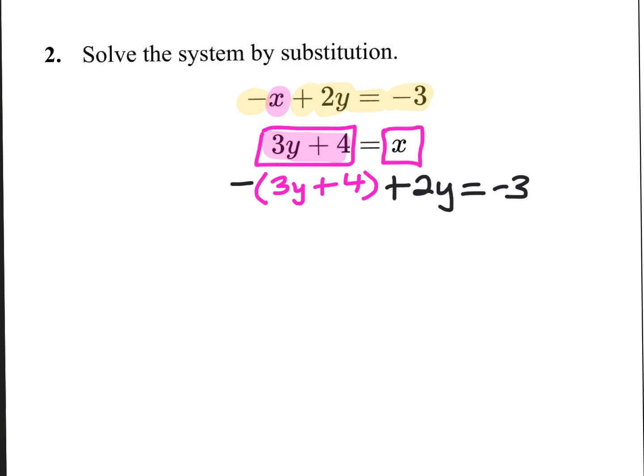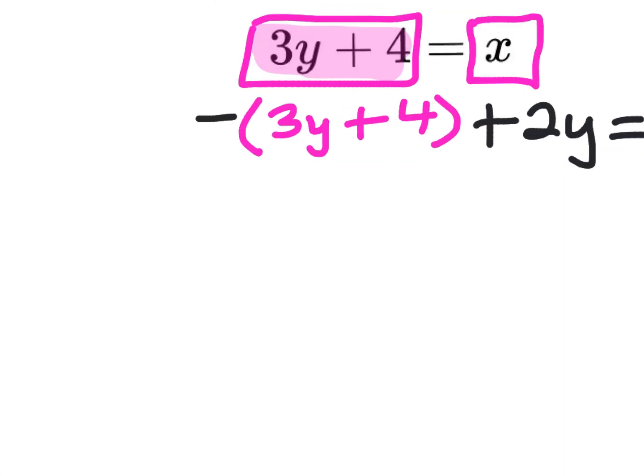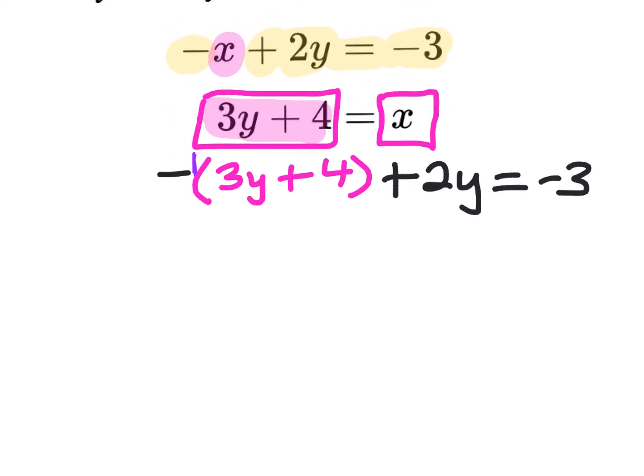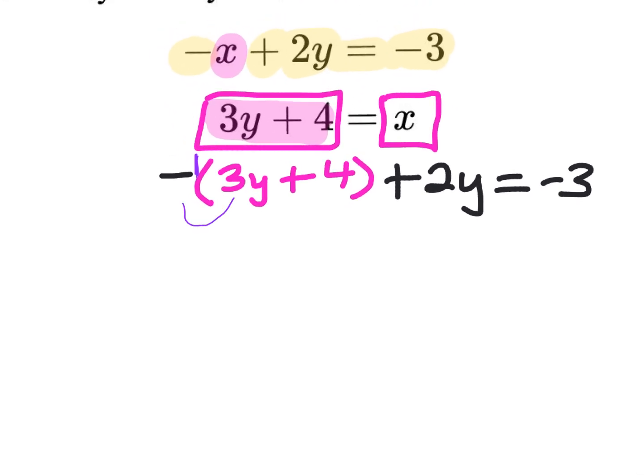So now, in order to get all of this out of the parentheses, I need to distribute. But I don't see a number here in front of the parentheses. So remember, if you don't see a number there, it means that there is what's technically in front of there? A 1. And because there's a negative, this is actually a -1. So I'm now going to multiply. So -1 times +3 is a -3.